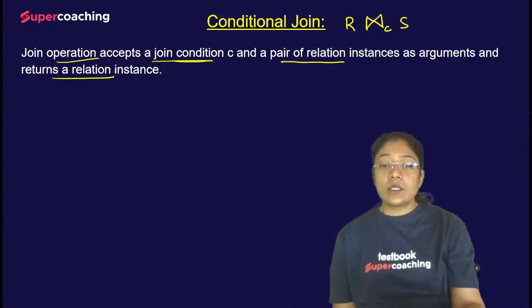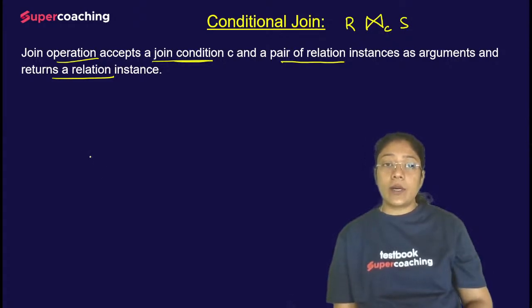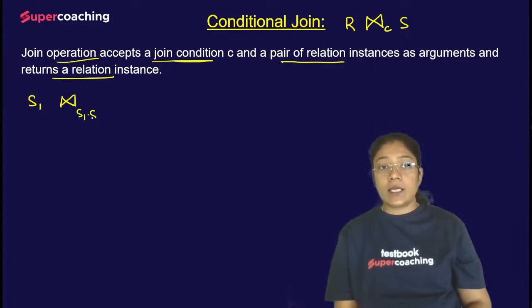So how is this going to work? Let us consider one example. I want to join S1 and R1, and the condition is, for example, since we have SID in both, S1 dot SID is less than R1 dot SID.